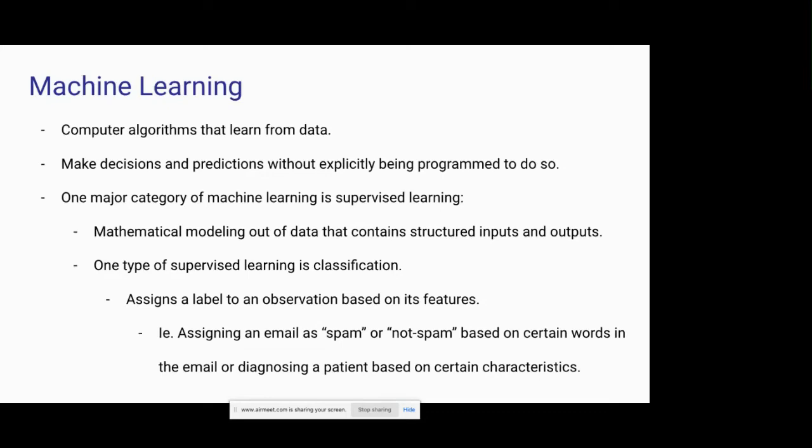For instance, if the email says click on this link to maybe win some prize, maybe those certain words make it more likely to be a spam email than a not spam email, or diagnosing a patient based on certain characteristics, which is what we're doing right now in this particular workshop. Maybe certain biomarkers are significantly higher in Alzheimer's, and that's why a patient is diagnosed with Alzheimer's.